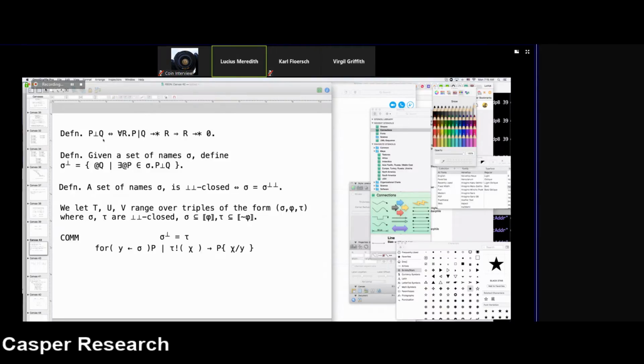From there, you know that if P is sending on the name of the contract 0, and Q is receiving on the name of the contract 0, and then both of those stop after that, then those two annihilate each other, because after one step they go to 0, and 0 is 0.